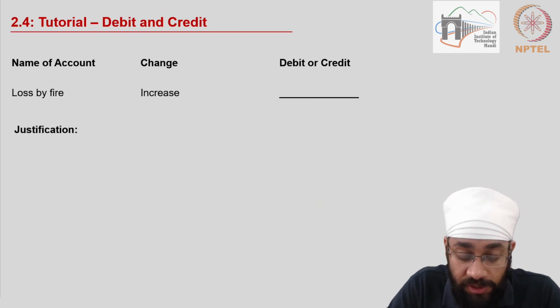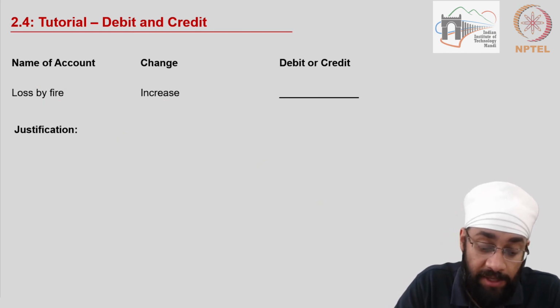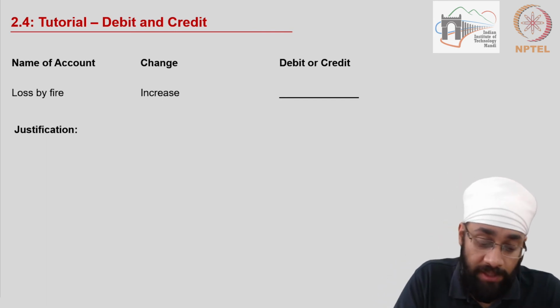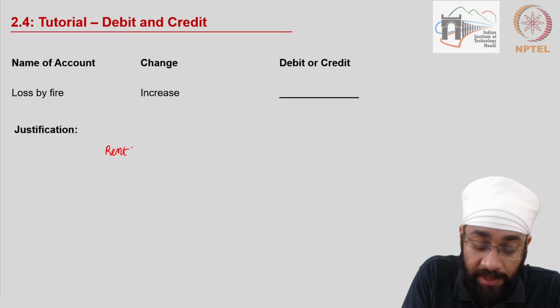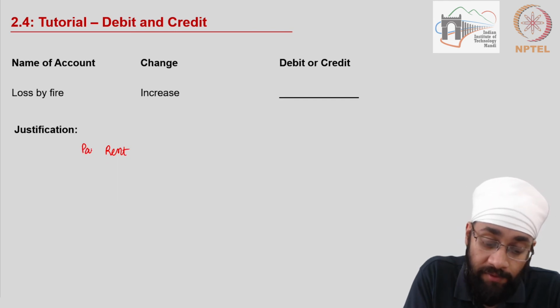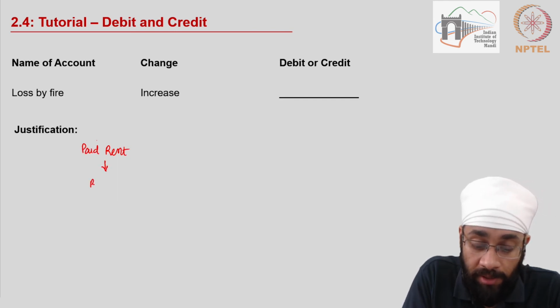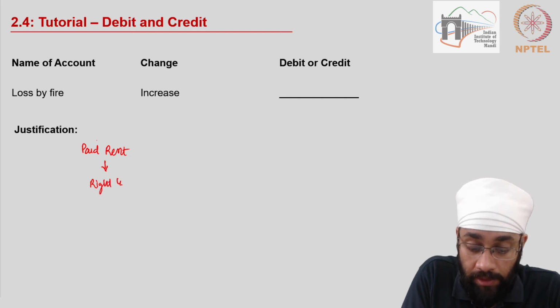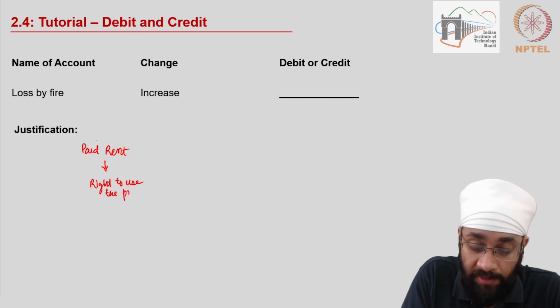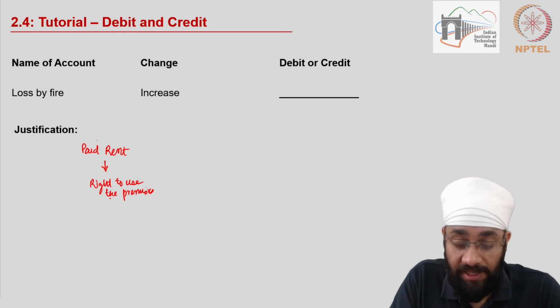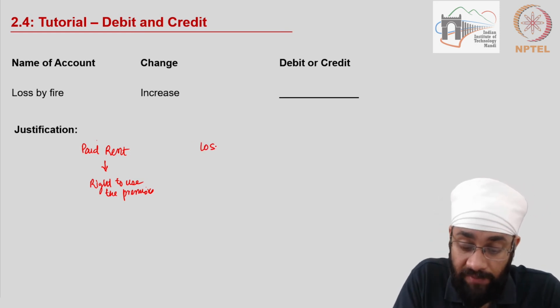Same for loss by fire. Let me explain it again because it's slightly complicated. Typically, in case of an expense, for example, rent, when you pay rent, you earn a right to use the premises or whatever property, okay, and you pay cash for it. However, in this case, what is happening is you have a loss due to fire.